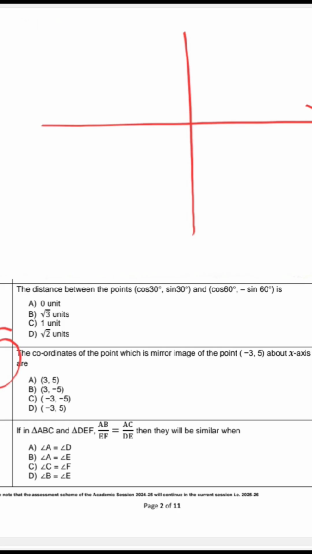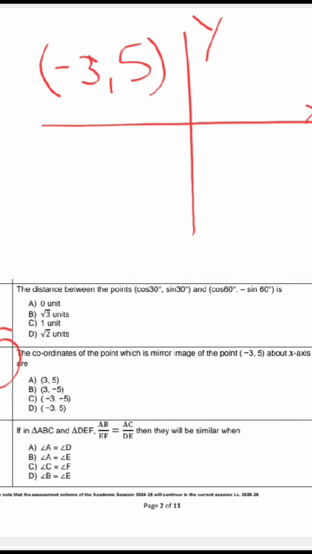This is your x-axis, this is your y-axis. After that what you do? Okay, minus 3 comma 5. So minus 3 is the x coordinate and 5 is the y coordinate. This coordinate belongs to the second quadrant.